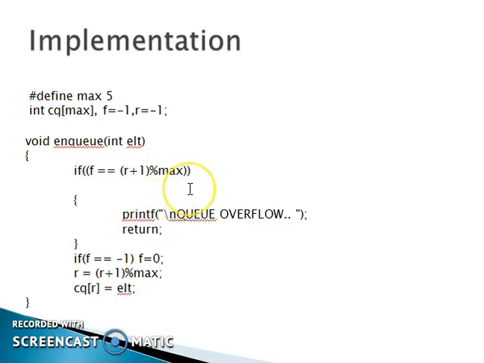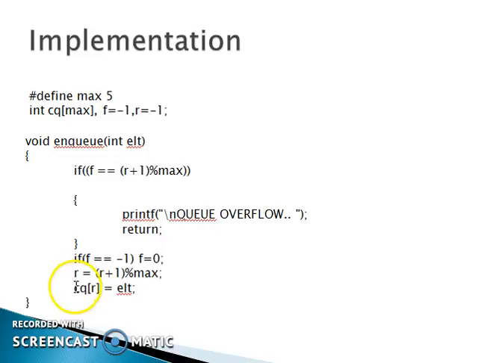Whenever this condition is true, then queue overflow occurs. And whenever queue is empty, then front is equal to -1. In that case, front should be set to 0, just as in a simple queue.